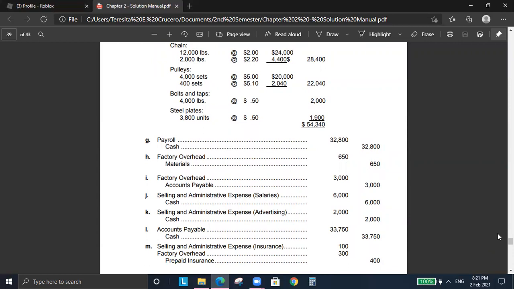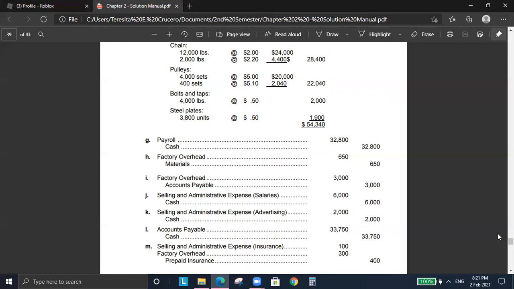Actually, office salaries is an administrative expense, but we just combine this in selling and administrative expense. So we debit selling and administrative expense for 6,000.